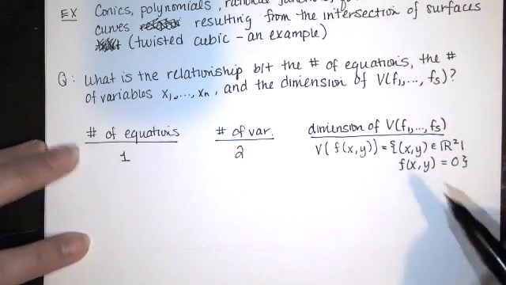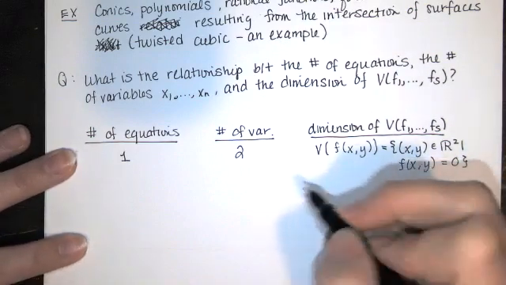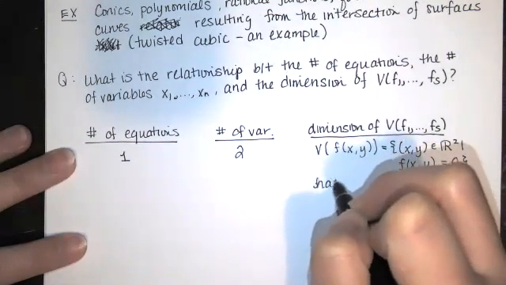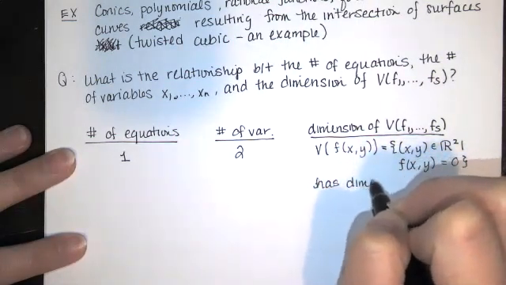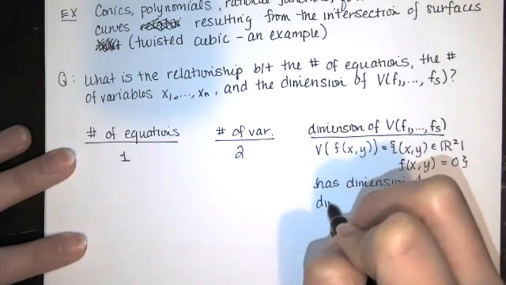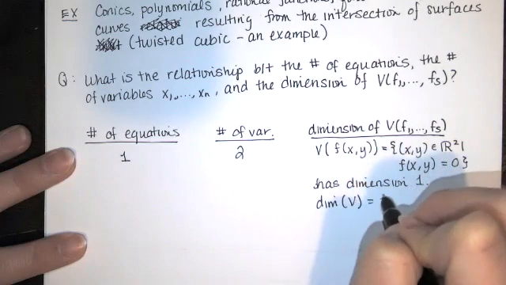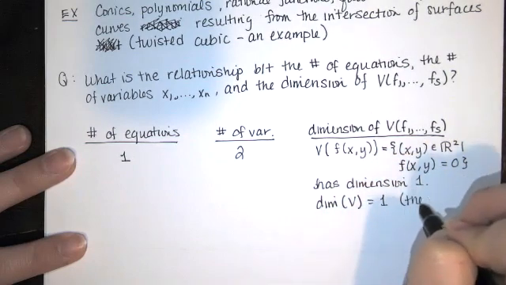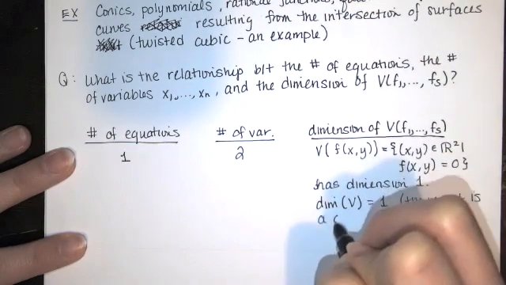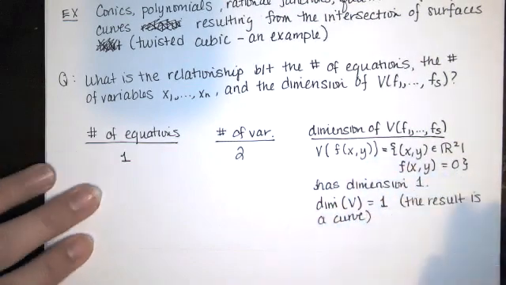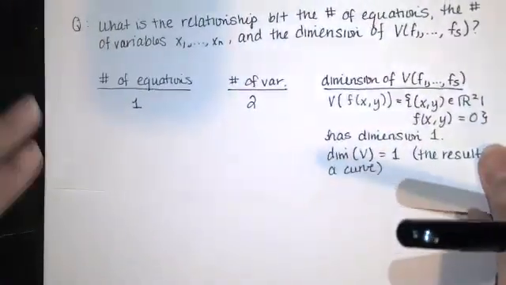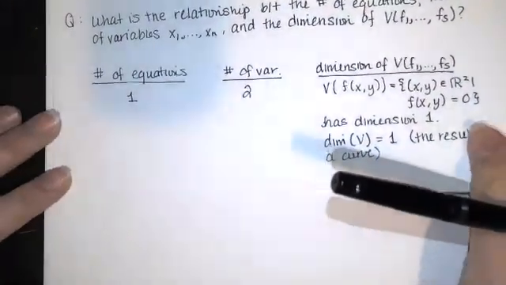Well, generally what you're going to get from this is a curve. So this has dimension 1. So we would write it this way: the dimension of V is equal to 1, and the result is a curve. Or perhaps several curves if you're talking about something like a rational function.